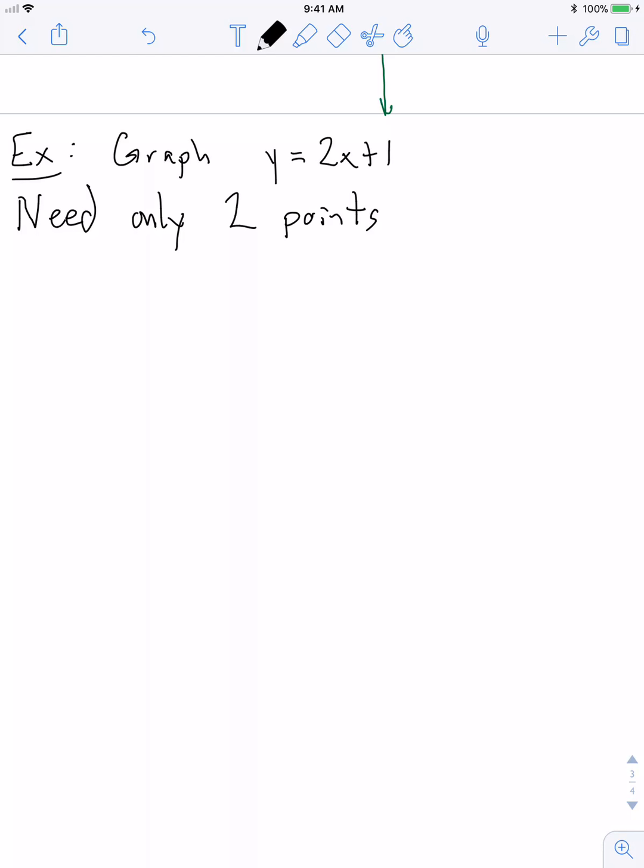And because we really only need 2 points, we normally use some small points. And we'll use 3 here. We'll use x is equal to -1, 0, and 1, just to get a little bit better view of what this will look like. So we think back to how we graphed in 1.2, and we remember we need to make this chart. X values are on one side, y values are on the other.